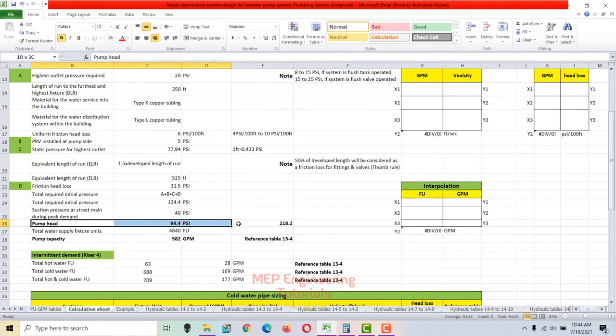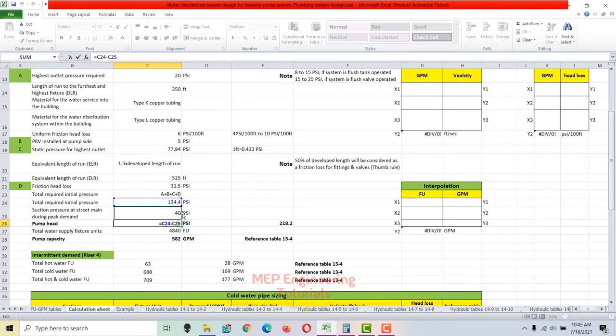Now we can easily calculate the pump head. How will we get the pump head? We take this total required initial pressure minus the suction pressure at the street main. So if you subtract the suction pressure at the street main from the initial pressure requirement, you will get the pump head.